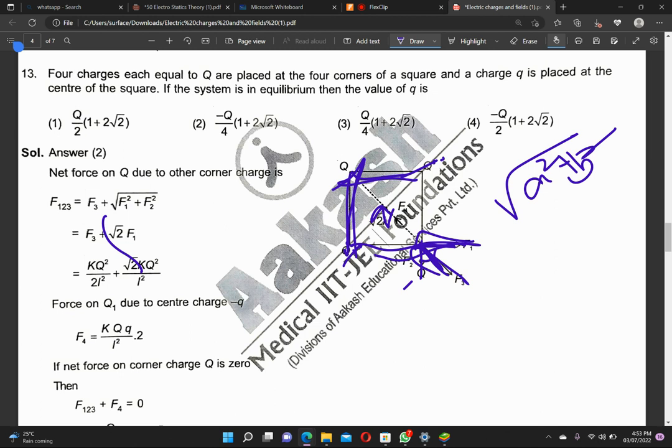Force on q due to the center charge Q will be F4.